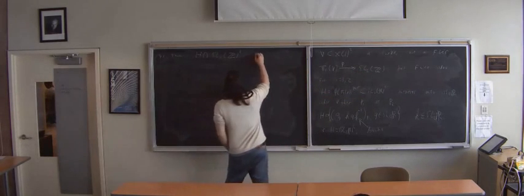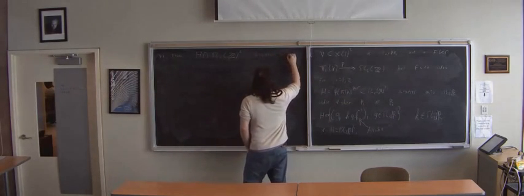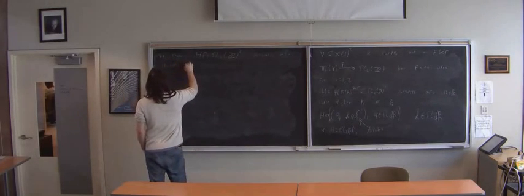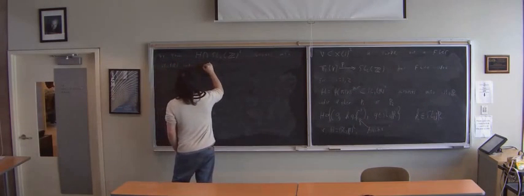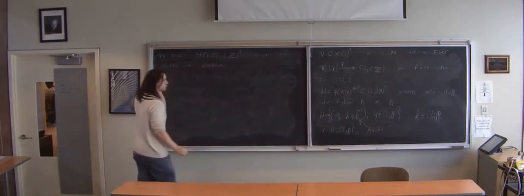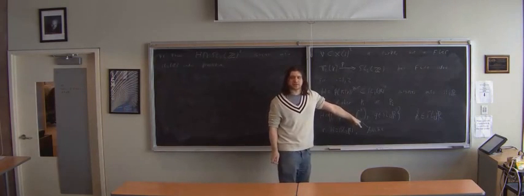So this thing surjects onto SL2Z under projection, which means that this conjugation by H has to essentially preserve integrality.